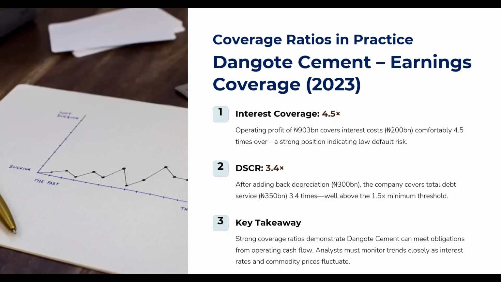So this is saying that Dangote Cement can meet obligations from operating cash flow. Analysts must monitor the trend closely as interest rates and commodity prices fluctuate. Now, this debt service coverage ratio helps us to check your interest. If you are paying interest on debt, the end goal is to make profits.